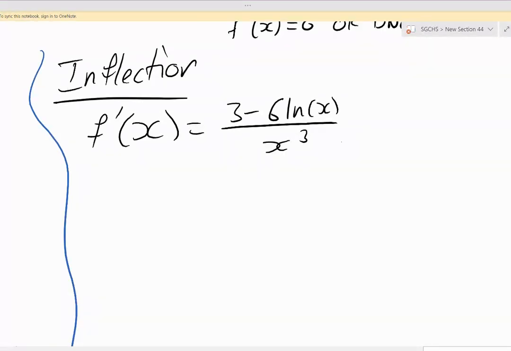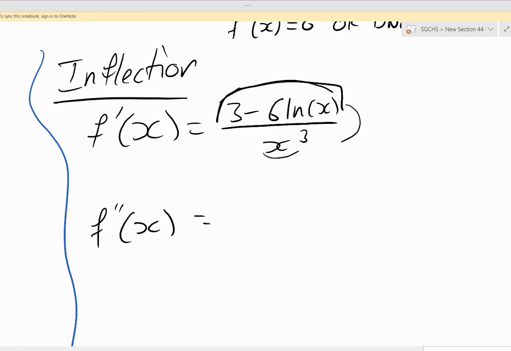Recognize we have a quotient rule: we find the derivative of our numerator, the derivative of our denominator, and apply the quotient rule. The derivative of my numerator: the derivative of 3 is 0, and the derivative of negative 6 ln x is negative 6 over x.